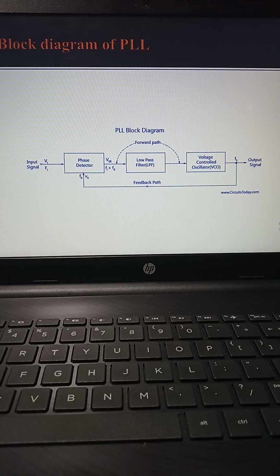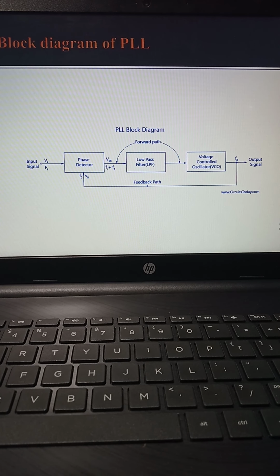So here the output frequency F0 changes as per the input signal, that is the control voltage VC. The voltage control oscillator provides three states of operation: free running state, capture state, and phase lock state.